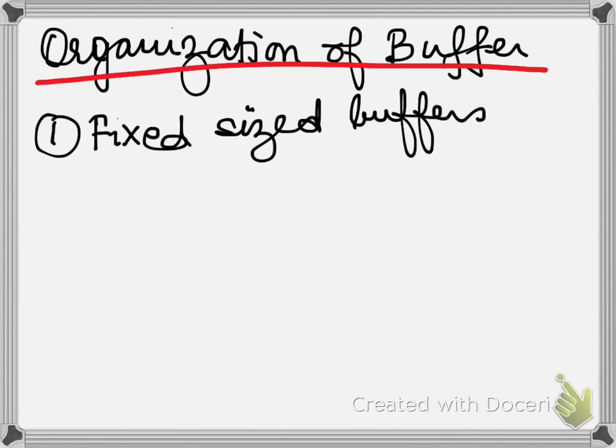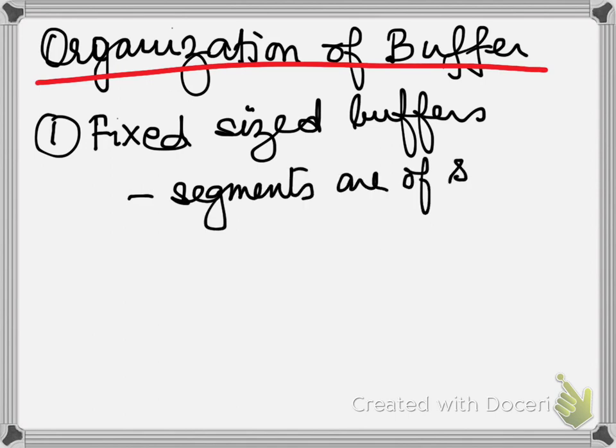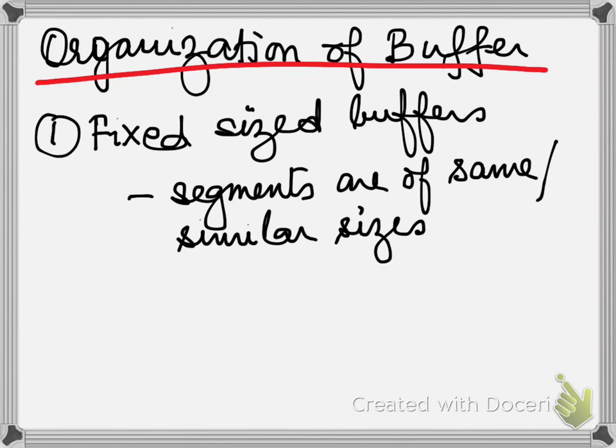In fixed size buffers, if all our segments are of the same size or of similar size, then the buffer can be of fixed size.